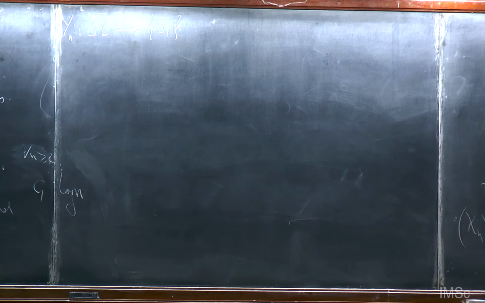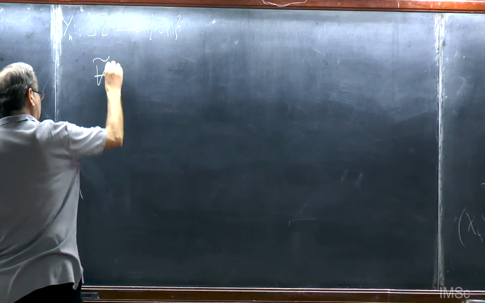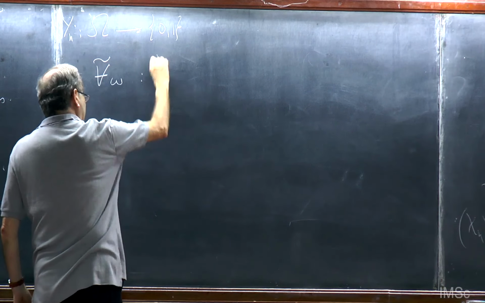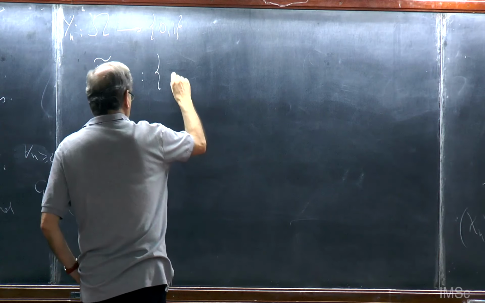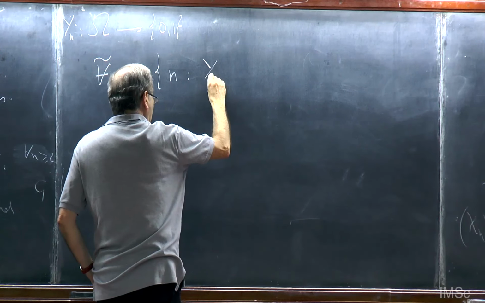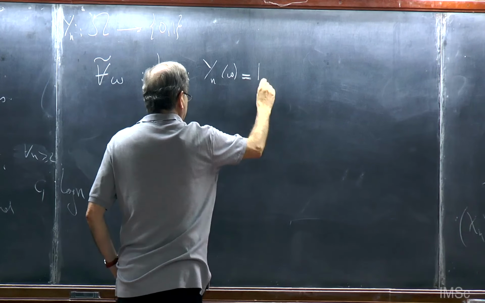Okay. So what Erdős proves is the following, that for almost all omega, except on a set of probability 0, you have the following, when you are looking at the set of those n's such that yn of omega is equal to 1.